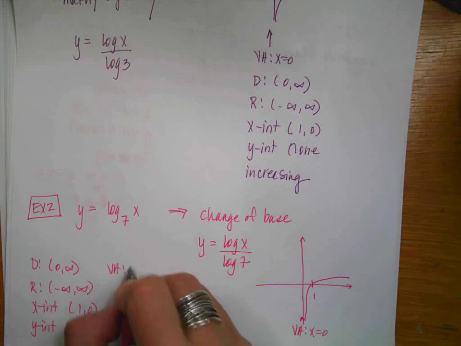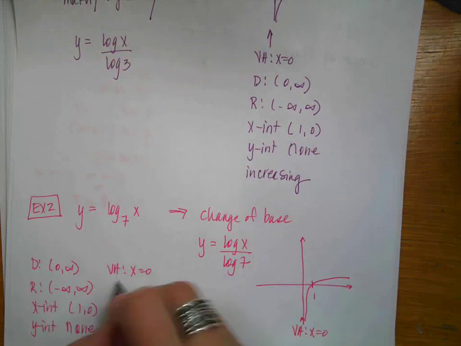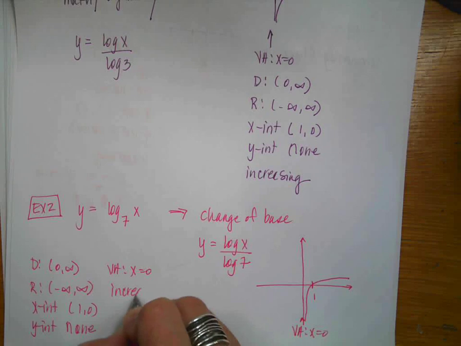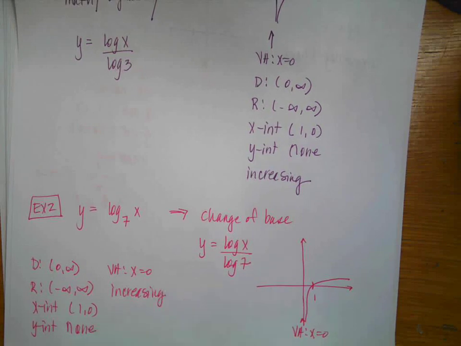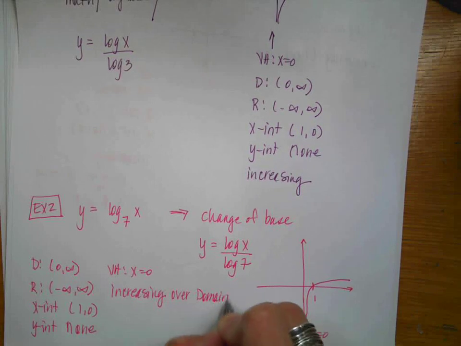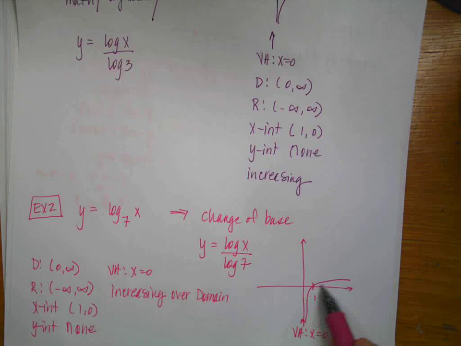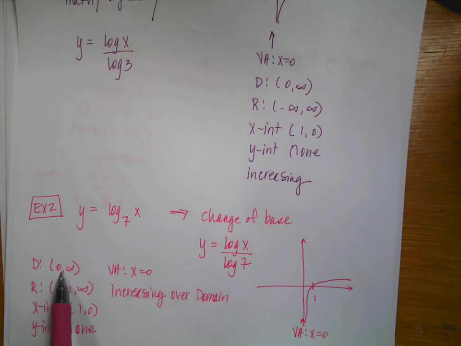And then I have a vertical asymptote at x is equal to 0, and this one is increasing, okay? And sometimes what we write in Math World is that this is increasing over the domain, meaning that the function is increasing for the entire function, and we've already defined our domain, okay?